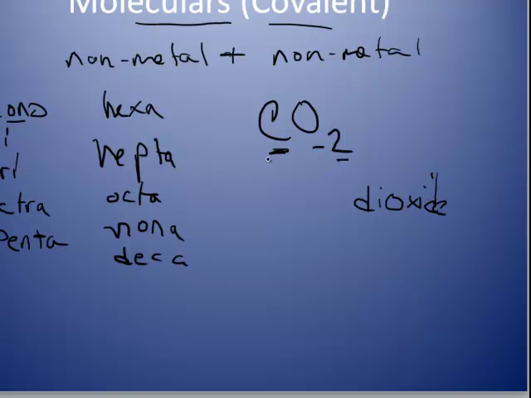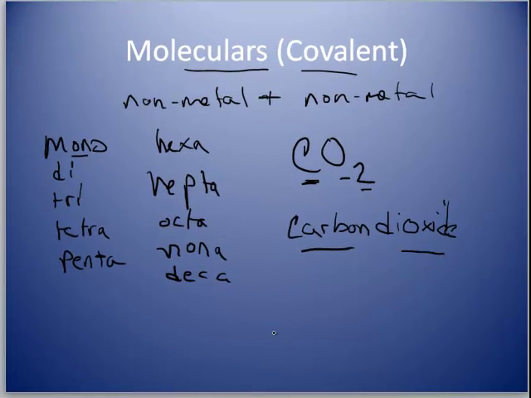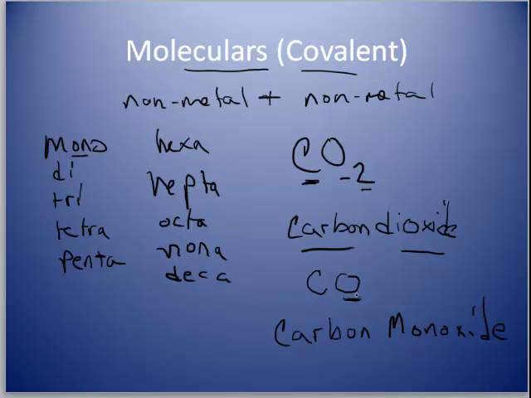But again, the rule is when the first one is 1, we don't say mono, we simply name the element. So carbon dioxide. On the other hand, if we had CO, we would say carbon. Now the second one is 1, so we will say monoxide. So CO is going to be carbon monoxide.